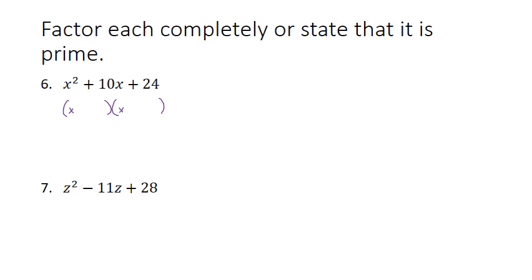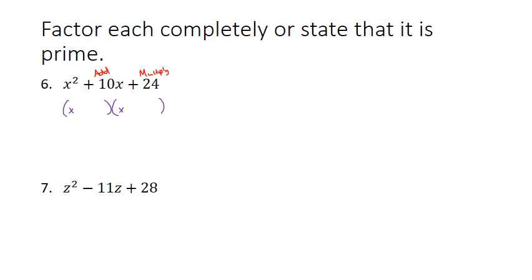The x and the x create the x squared. The trick is to do your mental math, or you can write it down if you'd like: you need to find 2 numbers that multiply to get positive 24, but add to get positive 10. Whatever those 2 numbers are is what's going to go next to each of the x's in your answer.